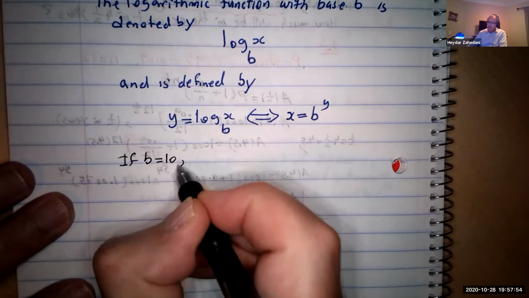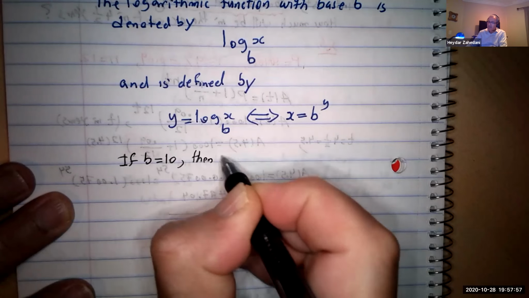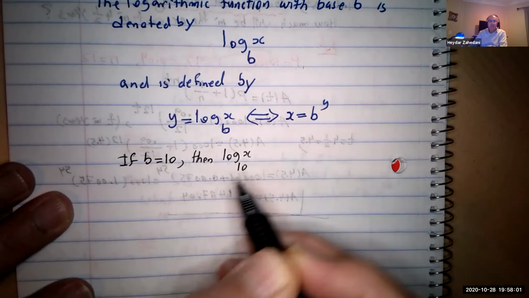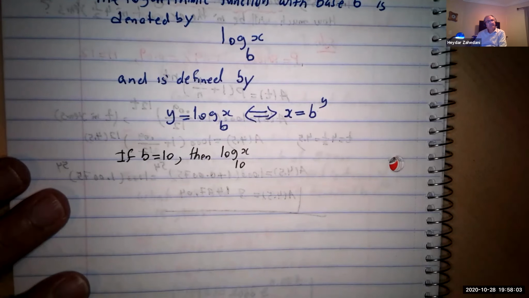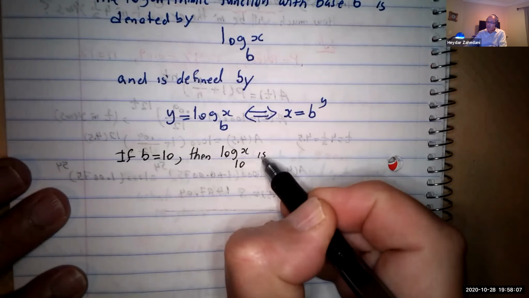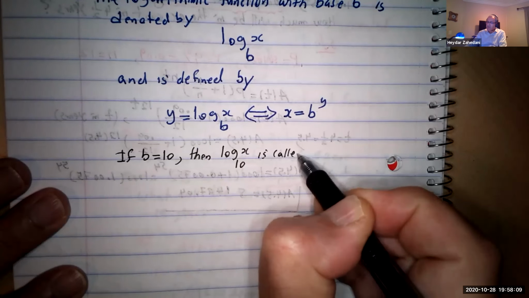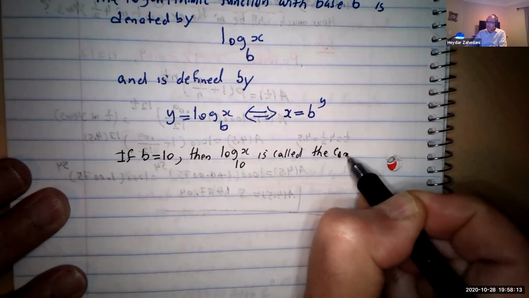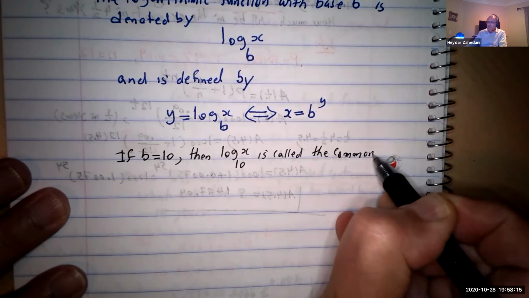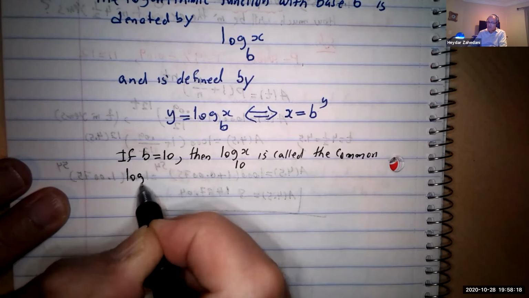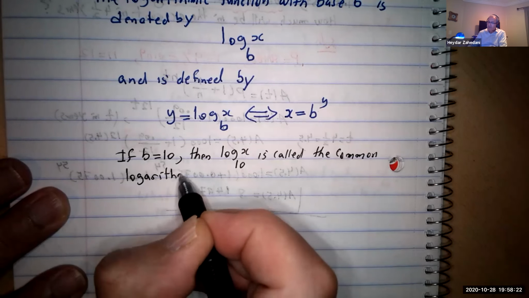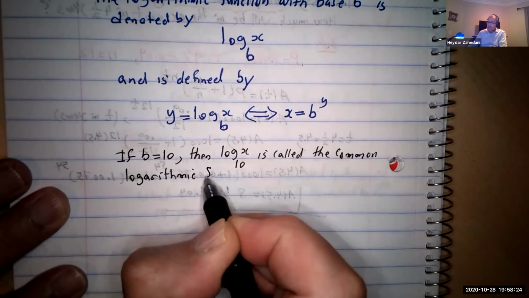If this is the case, then log of x with base 10 is called the common log or the decimal log. Common log function, logarithm.